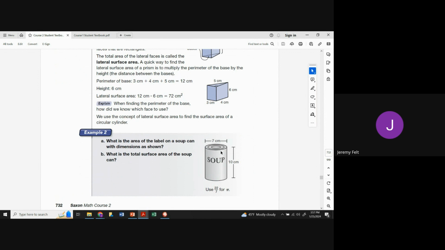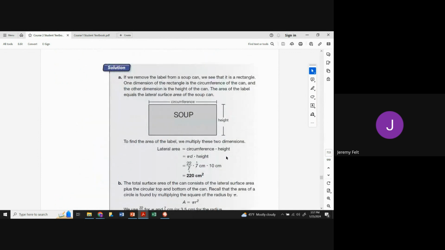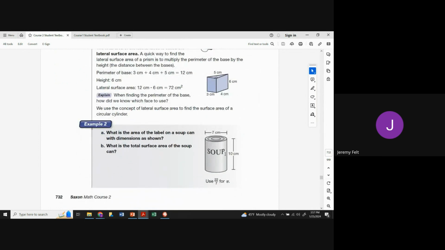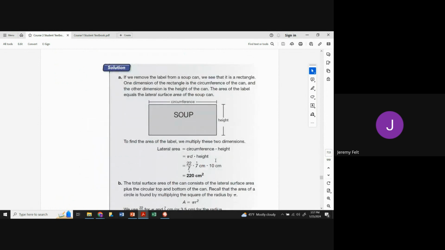If we find the circumference and multiply it by the height of our can, that's going to give us the lateral surface area. And then for the total surface area, we would add the area of the circle, top and bottom. They're going to be congruent.